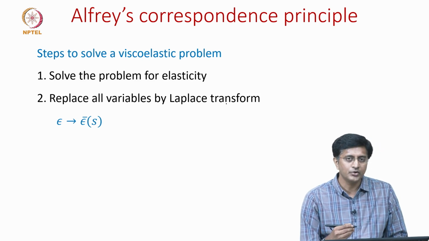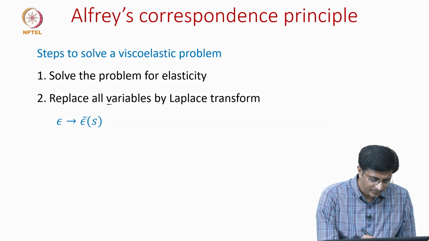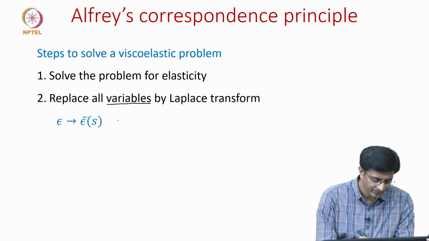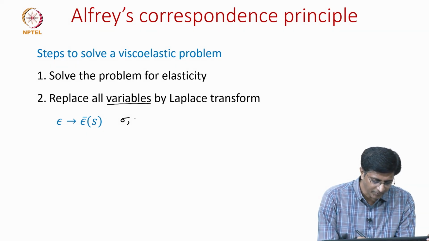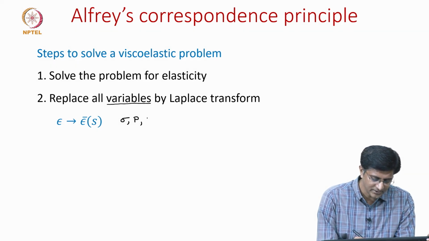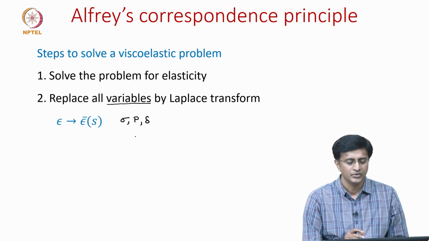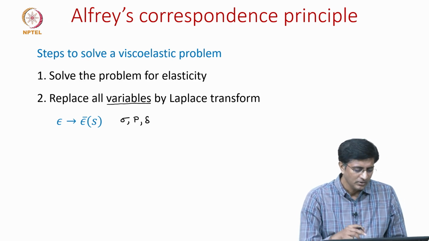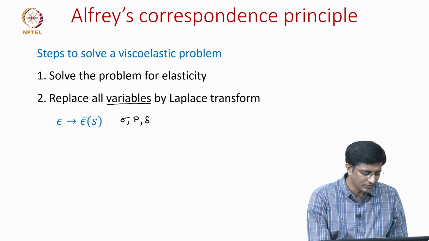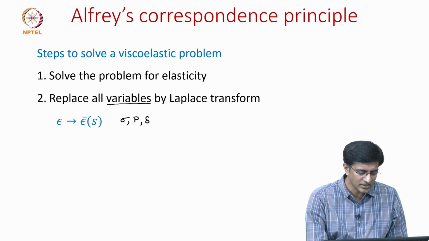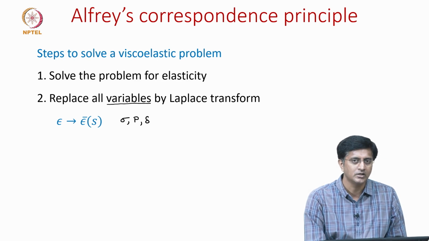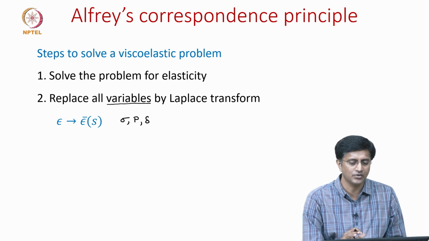But let me elaborate on what we mean by variables. Here we mean things like strain, stress, your applied load P, and, let us say, a deflection delta. These are all variables. Depending on whether your loading varies with time, even for an elastic solution the strain varies with time, stress varies with time, your load varies with time, and the response delta, or the deformation, varies with time.